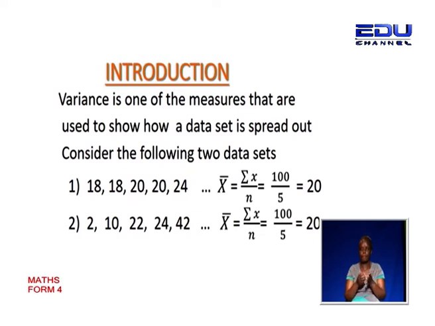In the same way, if you look at the second student, how does 2 vary from the mean? That 2 is 18 points lower than the mean of the student. What about 42? 42 is 22 points higher than the mean of the student, and therefore that explains more information than just working out the mean.